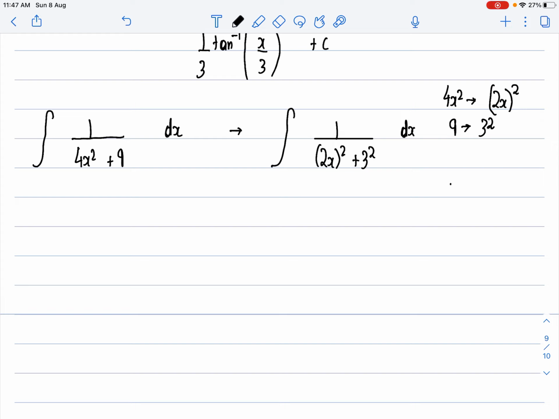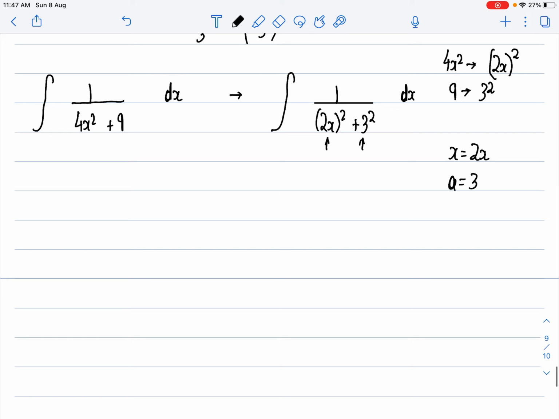So first I write my x. My x in this case is actually 2x, and the a in this case is 3. This is what I basically have. So now I can write this as 1 over the a value, which is 3, with the tan inverse of the x value, which is 2x, over the a value, which is 3, multiplied by 1 divided by the coefficient of x.